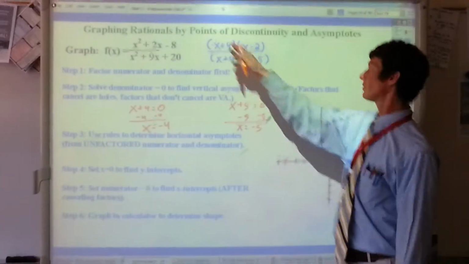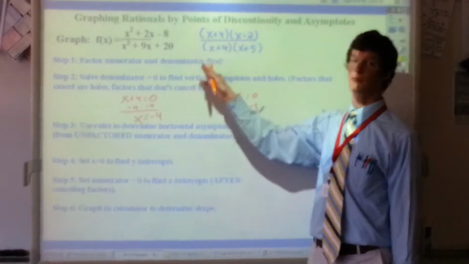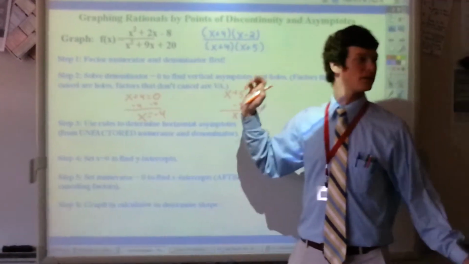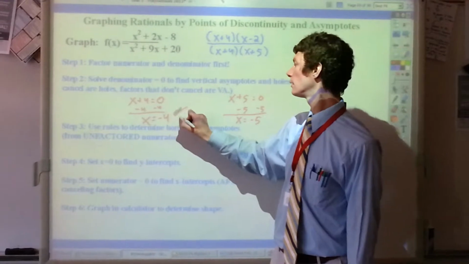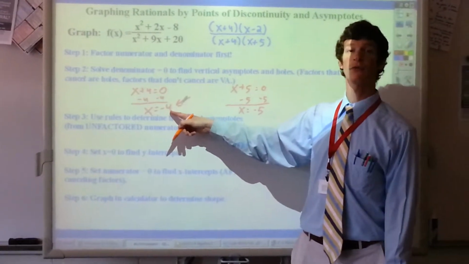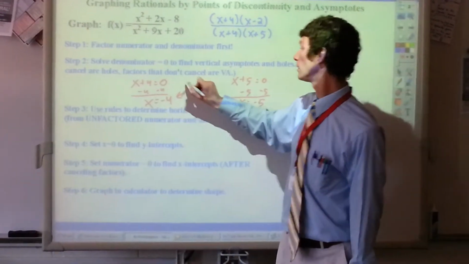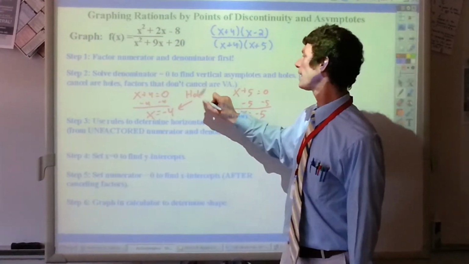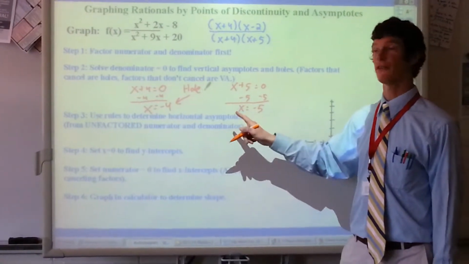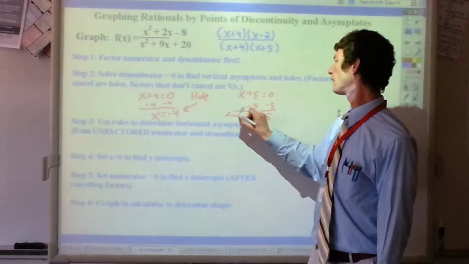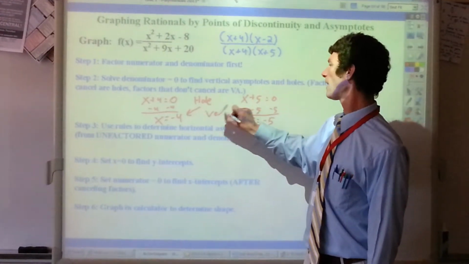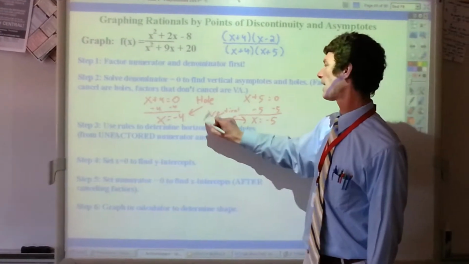Now if we cancel these, x plus 4 would cancel. That means that x equals negative 4 is the x-coordinate of our hole. We can't graph that yet because we don't know where it's going to be on the function. But that's going to be our hole. X equals negative 5 is our vertical asymptote because that does not cancel.